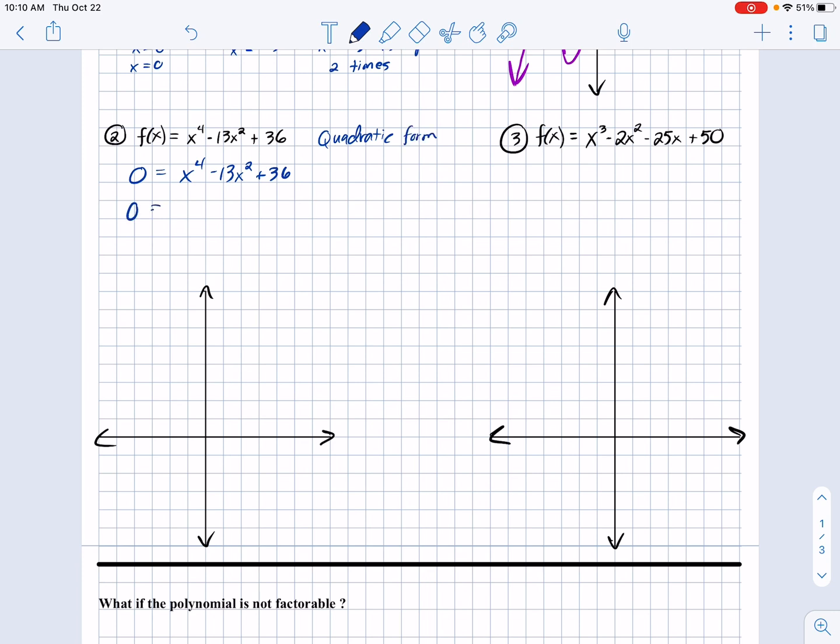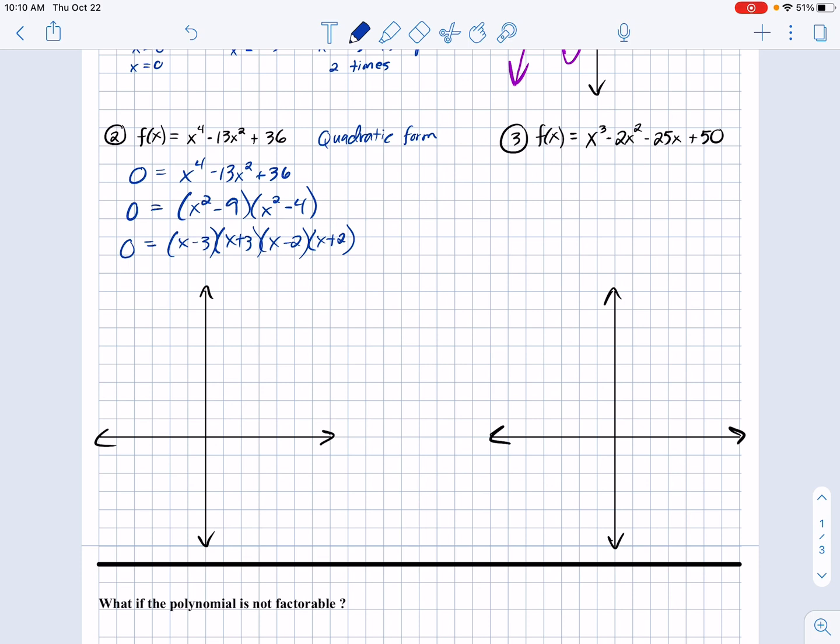All right, we have x squared minus 9 and x squared minus 4. Factors of 36 that add up to -13. And then these are both a difference of 2 squares, x minus 3, x plus 3, x minus 2, x plus 2.